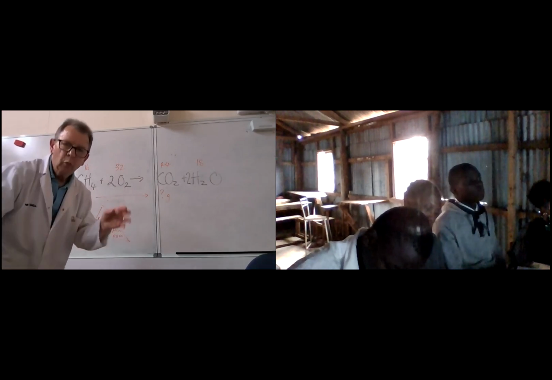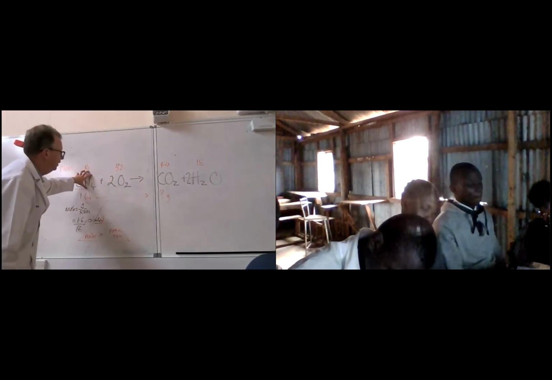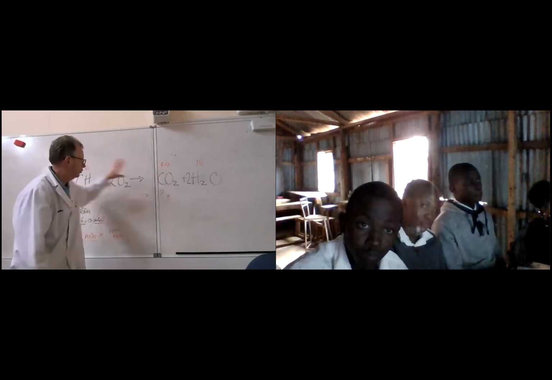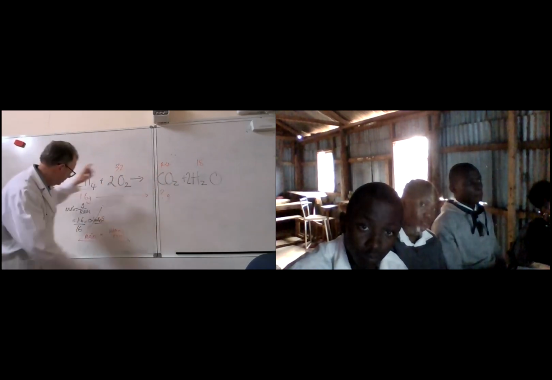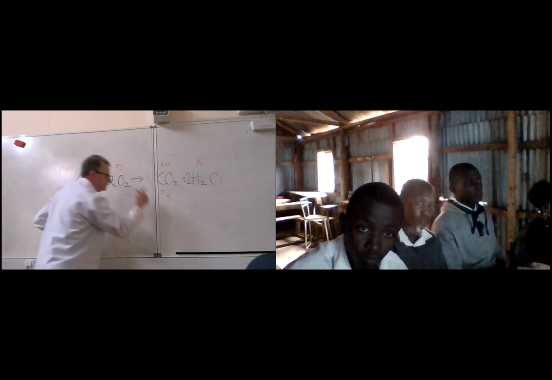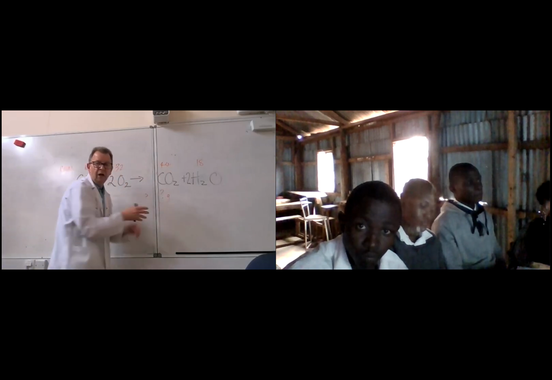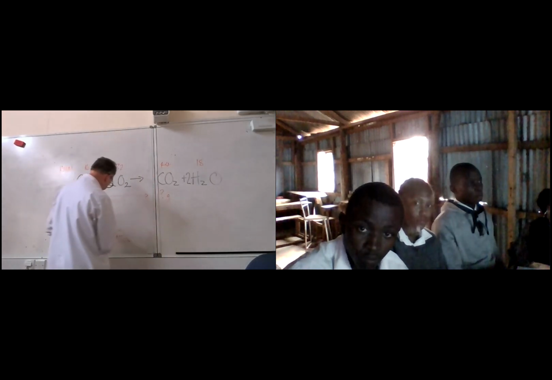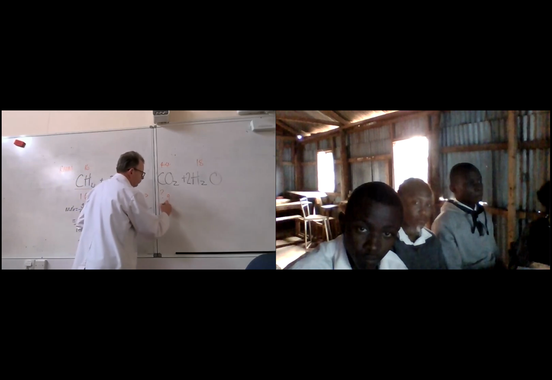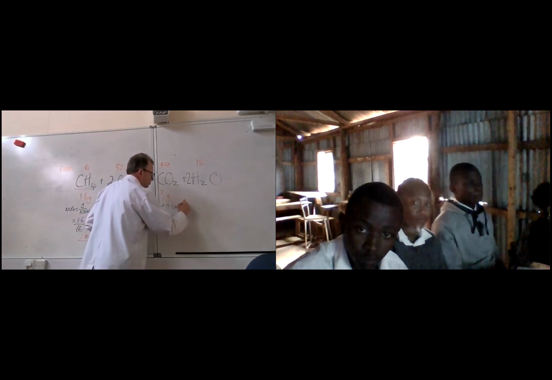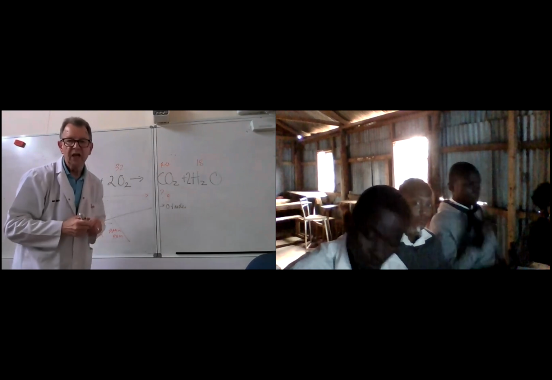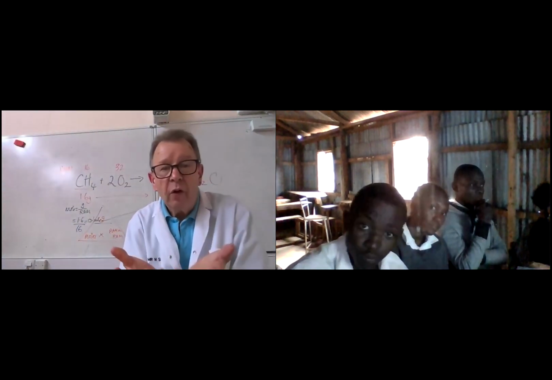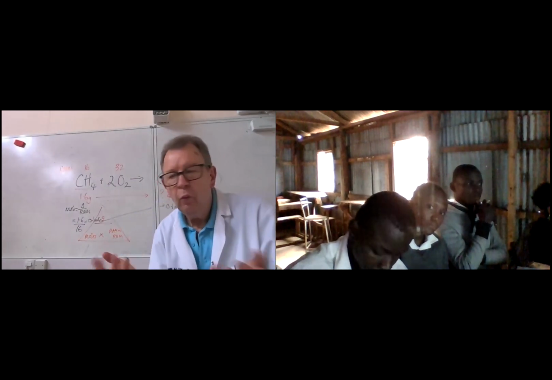Now, because we know that one of these gives one of those, 2 would give 2, 5 would give 5, 10 would give 10, 0.1 gives 0.1. Okay, we relate the moles in the equation. So this 0.1 will give me 0.1 moles of CO2. But CO2 weighs something different, and the question asked me, how much did it weigh?